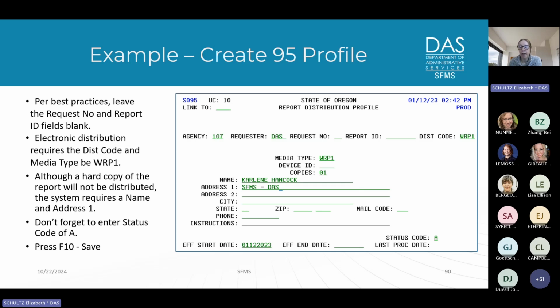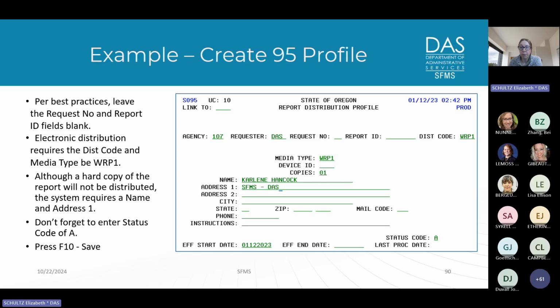And to make sure that we have this electronic, we're going to use the distribution code WRP1. And we're also going to have the media type be WRP1. This means it's going to be a landscape format. WRP2 would be a portrait format, but the majority of our reports produce in landscape format. So WRP1 is going to be the most common distribution code and media type that you'll see. We're going to leave device ID blank.